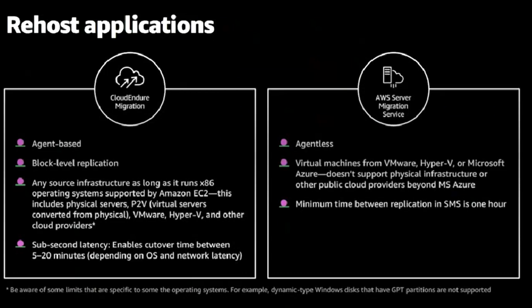They can migrate physical Windows Server or Linux, regardless of Ubuntu, CentOS, SUSE, or Red Hat, or also migrate virtual machines like VMware and Hyper-V. Overall, it migrates at the block level. Cloud Endure migration is block-level replication.